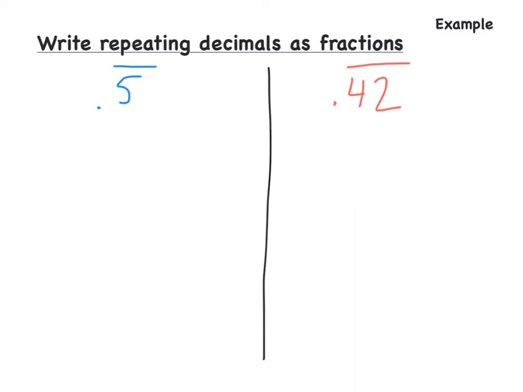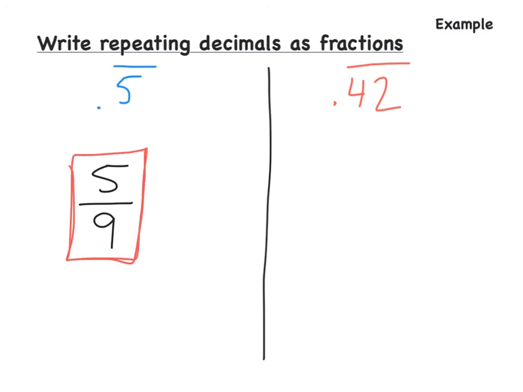Instead of using the 10 in the denominator, we would use a 9 in the denominator. It looks like 5 and 9 have no greatest common factor between them. So, 5/9 is our fraction when it comes to writing 0.5 repeating.